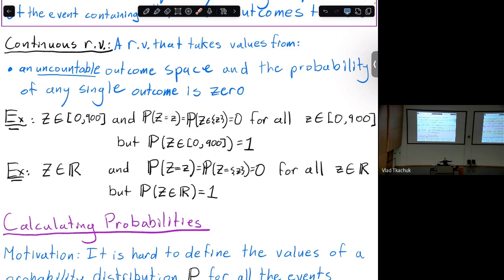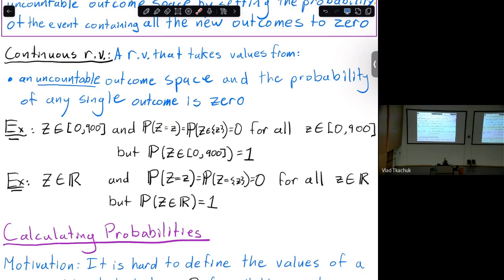So we're not going to allow you to assign a probability to any particular number, but you can assign probabilities to intervals. We'll get to an example that makes this more intuitive a little bit later, but that's going to be an important defining property of these continuous random variables.